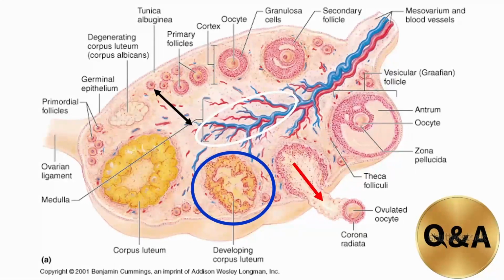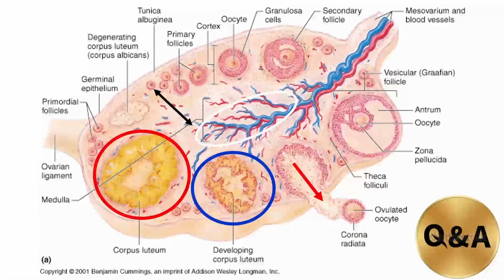And when it develops, it is a well-established structure, and it is yellow in color, and this is the fully functional granulosa cells, and it is called corpus luteum.